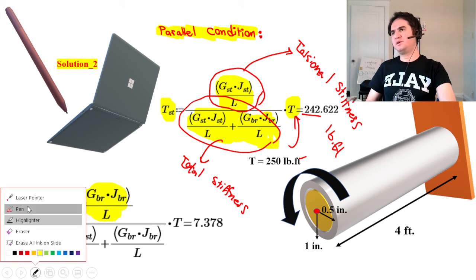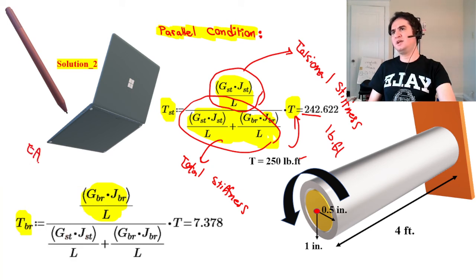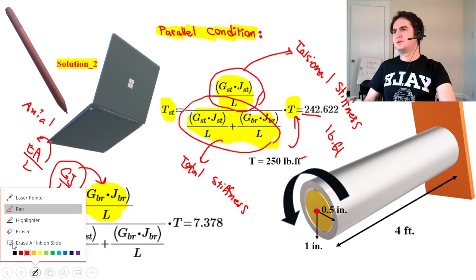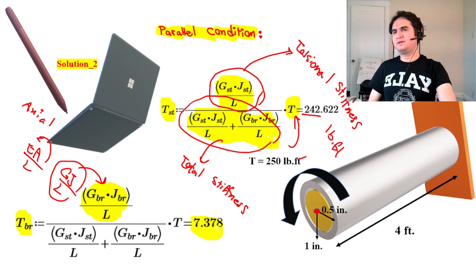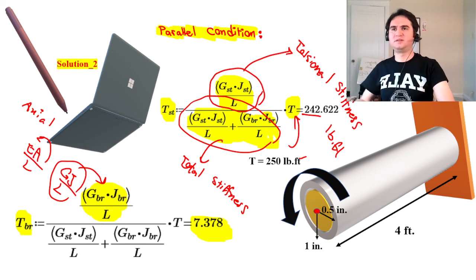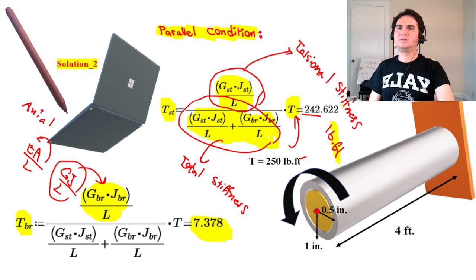If you remember, axial stiffness was EA over L, and torsional stiffness is GJ over L. That gives you 7.378, I think in pound-feet, but double check the units. They are the same numeric values as in the previous method.